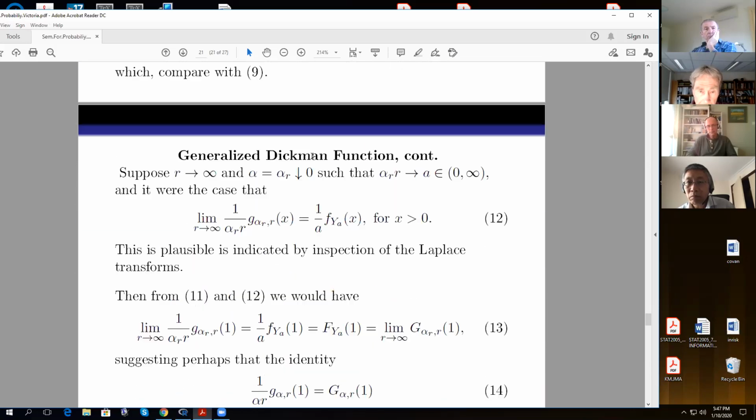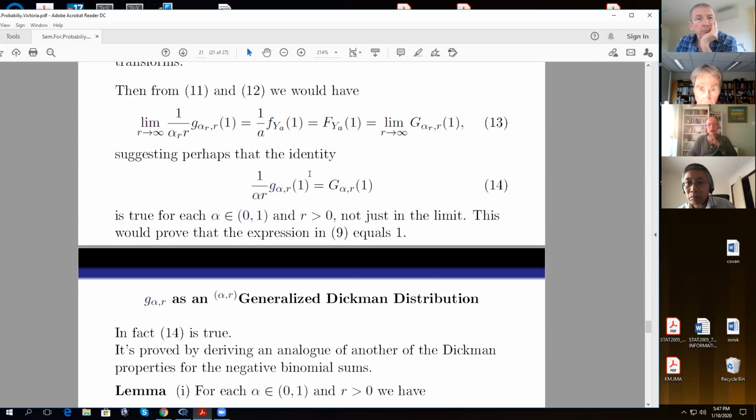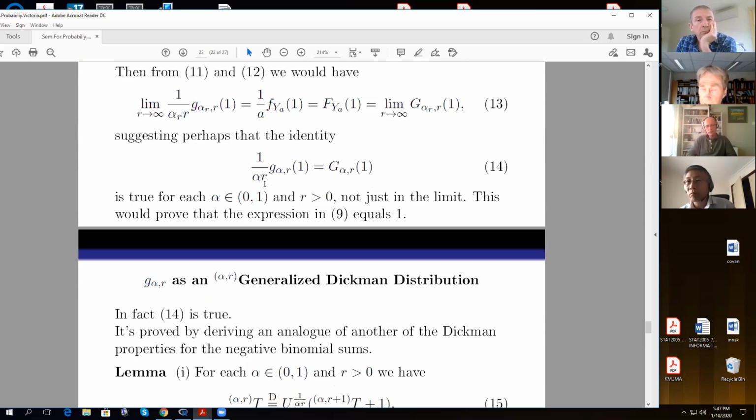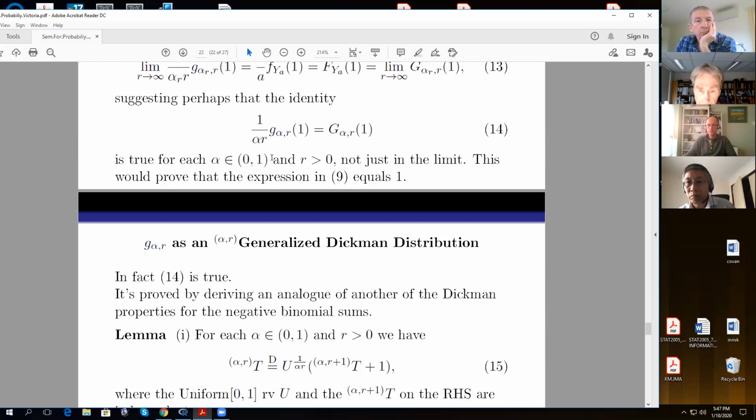Well, then maybe it's a bit of a stretch to say, well, maybe it's true not just in the limit, but maybe it is in fact true for every alpha and R, and it is in fact true, and that will conclude the proof. How do we prove this?